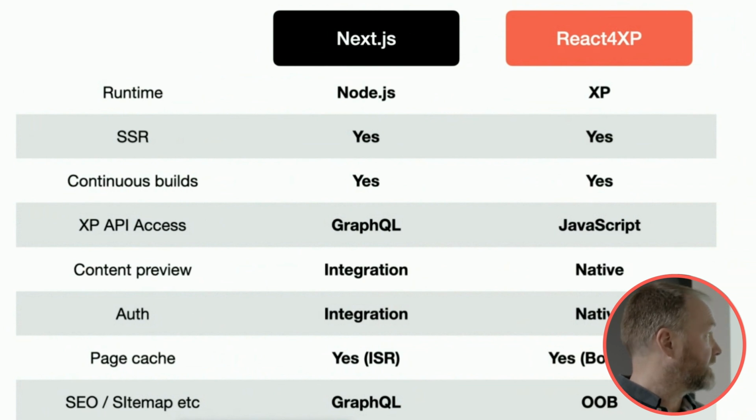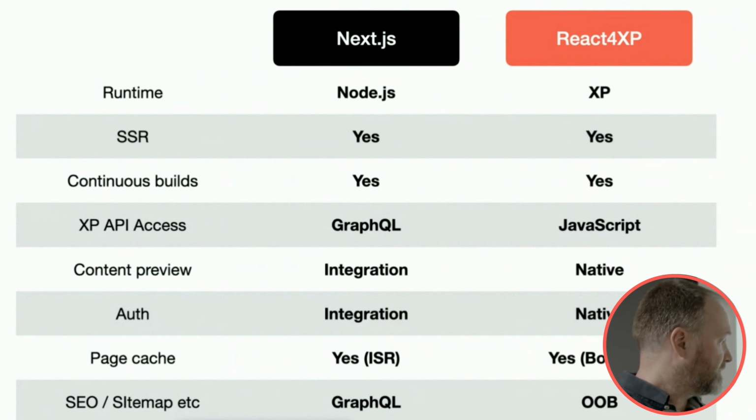And then page cache and lots of advanced stuff in Next. But as long as you're running an XP app, you also have a Booster now that will give you super fast pages, and they are even persistent over restarts of your entire platform.